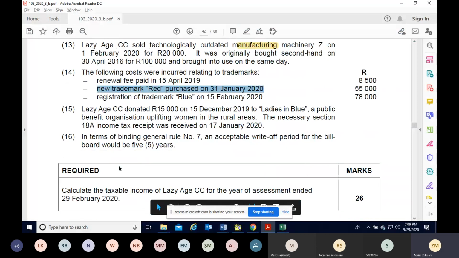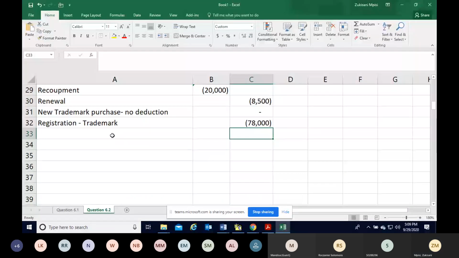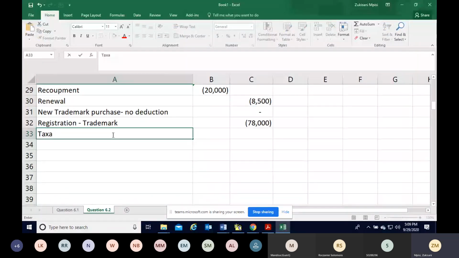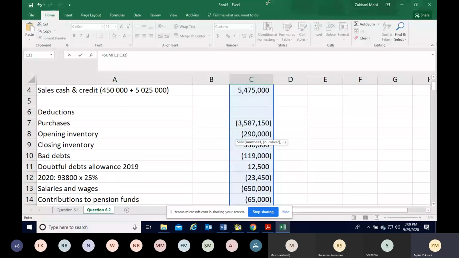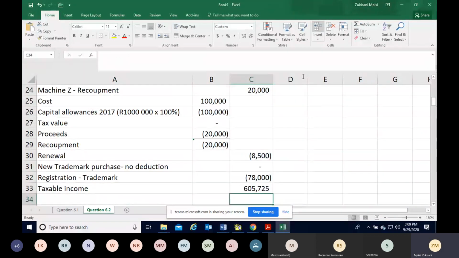It's a donation. If you note, number 16 was not applicable because of the type of taxpayer that we are. So now we're going to treat number 15, which is a donation. It comes after taxable income, so we need to take it up. We've got taxable income of 605,725.